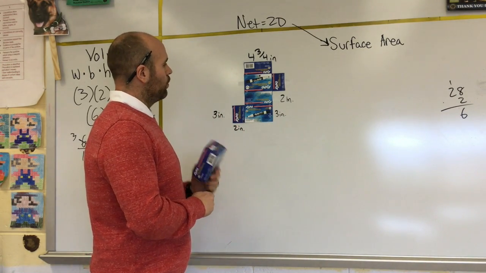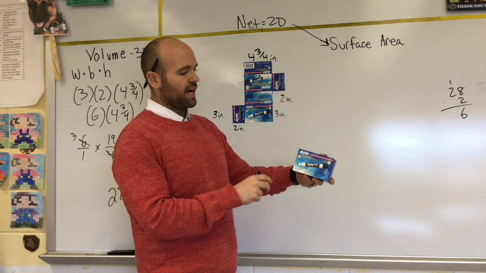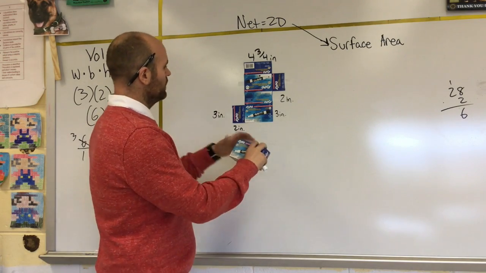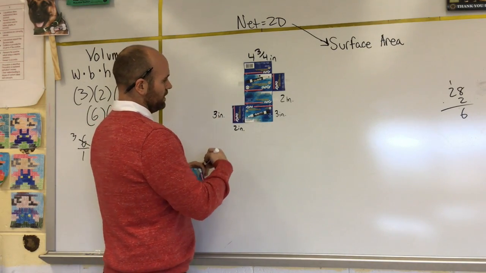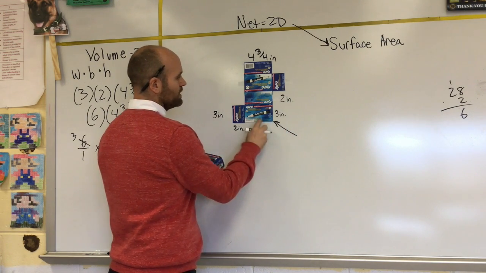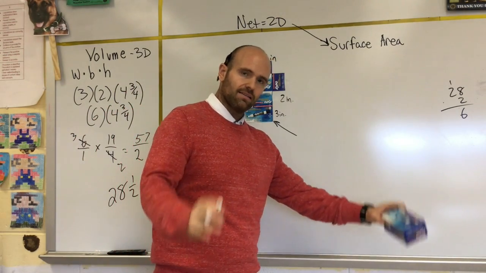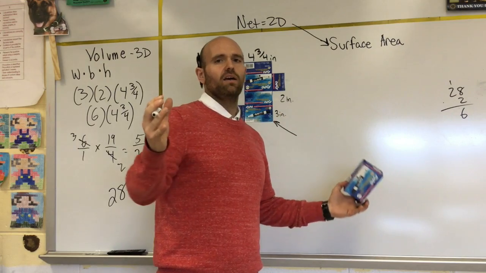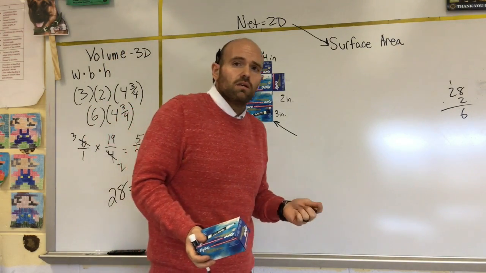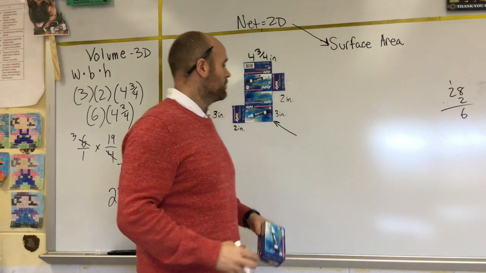Now, when I'm looking at surface area, let's look at this side of the box, and we'll pretend that this is the front, okay? So when I look at the front of the box, I'm just going to find the area for this one side. Boys and girls, surface area is a lot of work. It's a lot of numbers, and that's why we usually get mistakes, because students either don't want to or just make a mistake on holding all these numbers together, right?